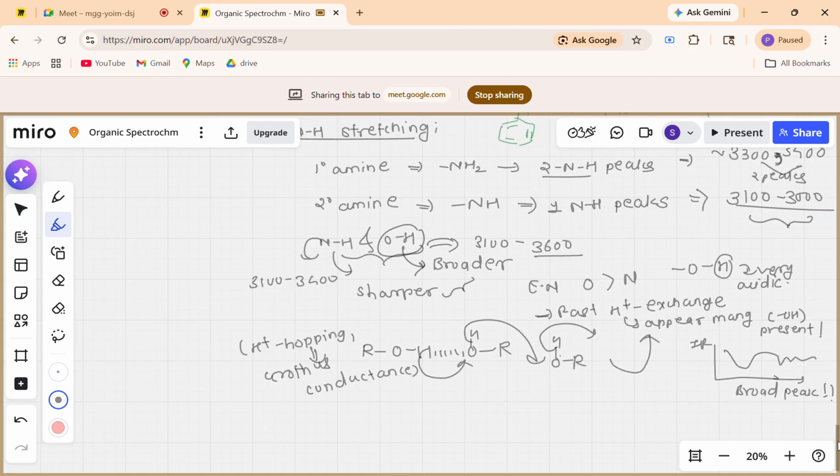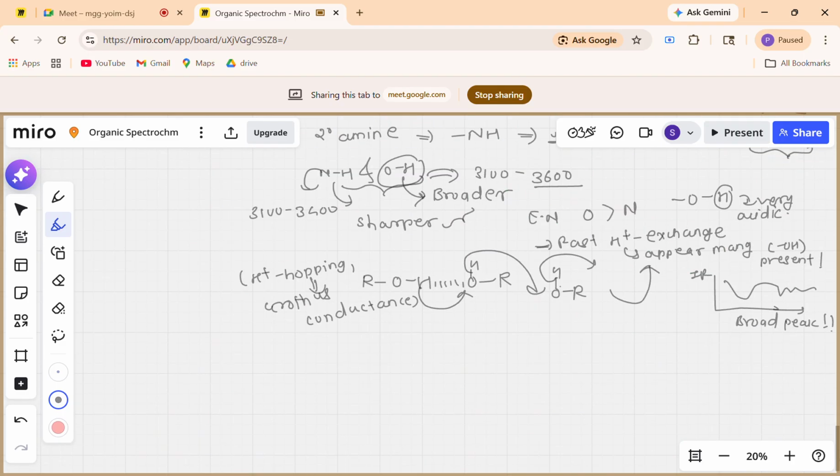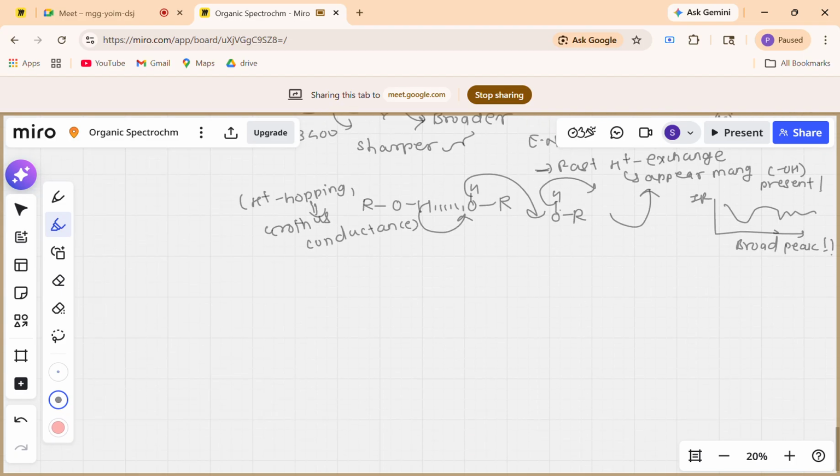Okay, so that's the result of this Grotthuss conductance or proton hopping. In this way you can differentiate between the OH and the NH functional groups. So this is understood, whatever we have discussed: alcohol, phenol, and the difference between OH and NH stretching. Any doubt here?